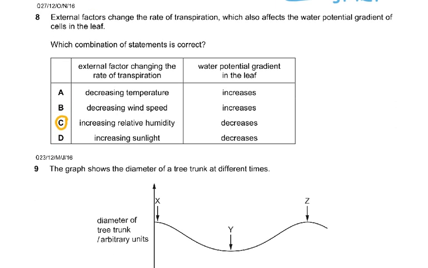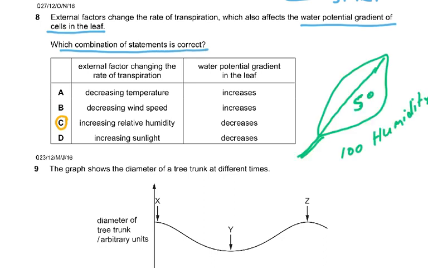Then question number 8. External factors change the rate of transpiration, which also affects the water potential gradient of cells in the leaf. Important words, water potential gradient of cells in the leaf. Which combination of statements is correct? Now, if you look at the answer, why is the answer C correct? Now, if there's a leaf inside, there are 50 water vapors, and outside there are 100.